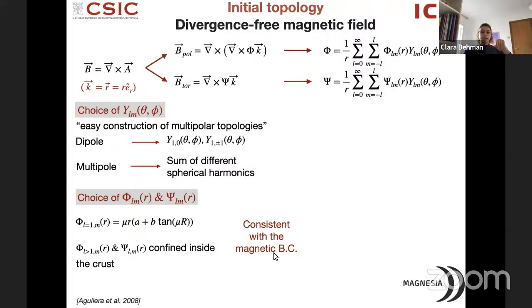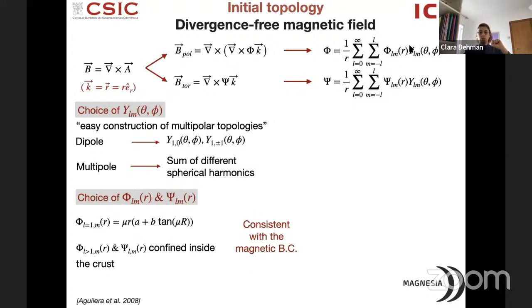To do so, I'm using for the poloidal radial function this expression that's derived in Aguilera, but for the dipole only. Whereas for the toroidal radial function and for the higher multipole poloidal one, I'm confining them inside the crust. So at both boundaries they go to 0, and like that, we are consistent with our magnetic boundary condition.